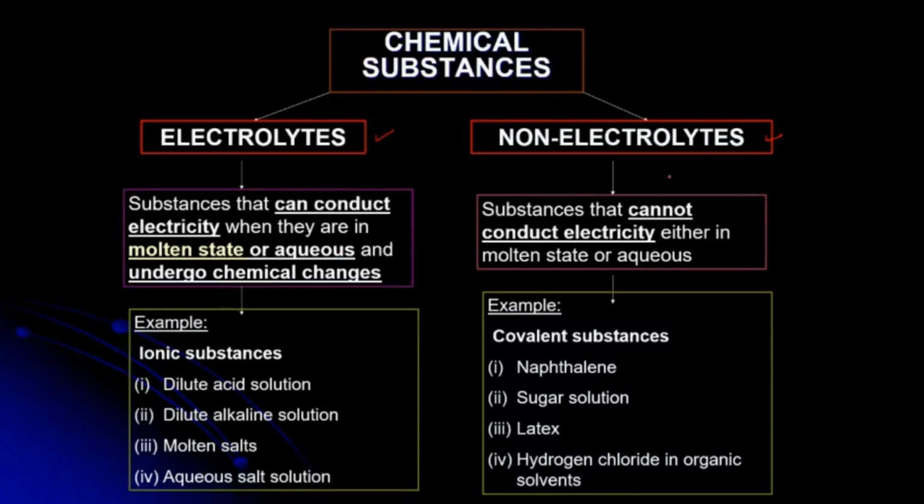Non-electrolyte is the reverse: it cannot conduct electricity no matter what state it is in. Examples for electrolytes are ionic substances, for example any dilute acid, acid or alkali solutions, molten salts, or salt solutions. Covalent substances are non-electrolytes, like naphthalene, sugar solution, latex, and hydrogen chloride in organic solvent.